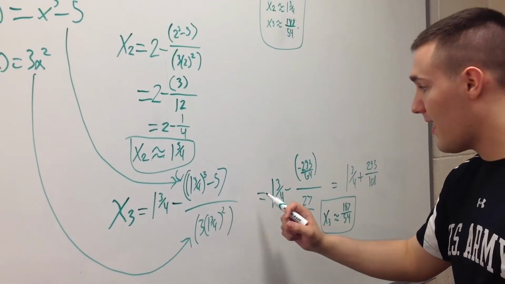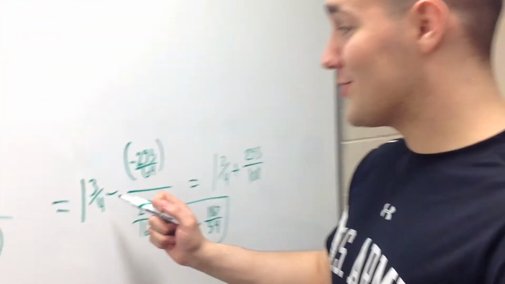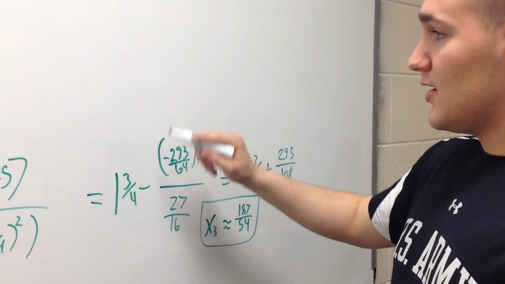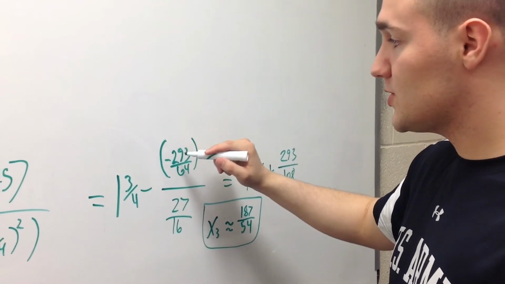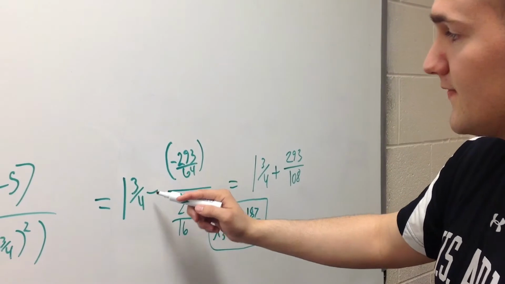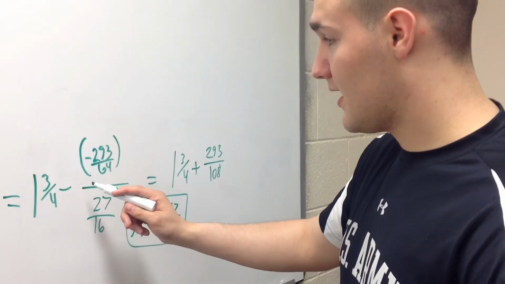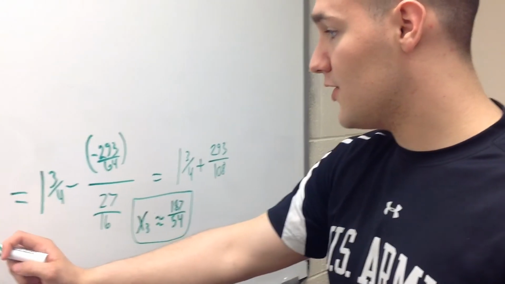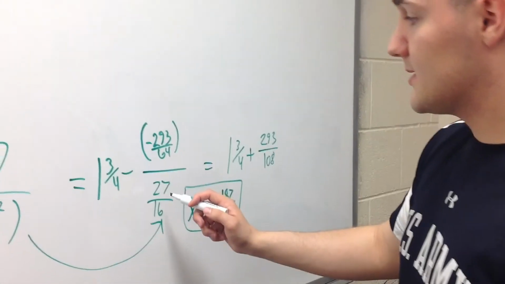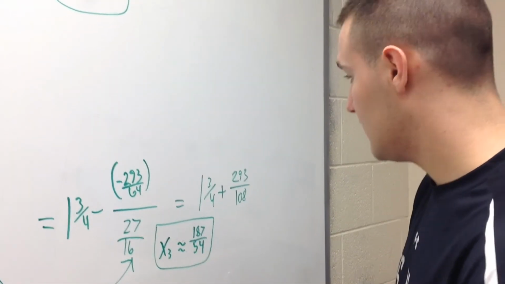Okay, and then you do some math, or with the calculator, you get 1 3/4 minus, over here you're going to have negative 293 divided by 64. Now note you have a negative here and a negative here, so that's actually going to be positive. And then divide by this, which is actually 27 divided by 16 after you do your math.